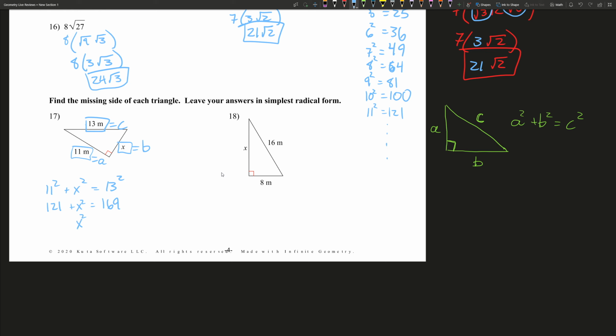If we subtract 121 from both sides, you get 48. And then in order to cancel out the square and just solve for X, we take the square root of both sides to get the square root of 48.